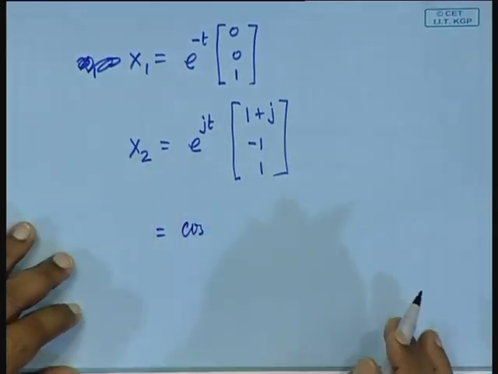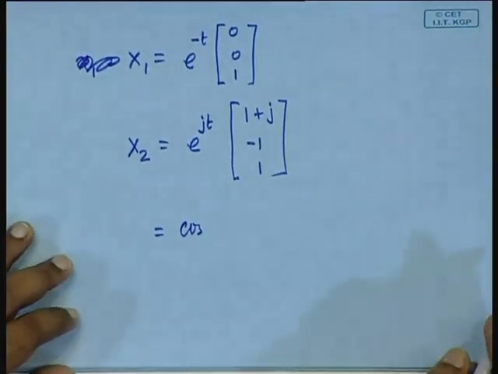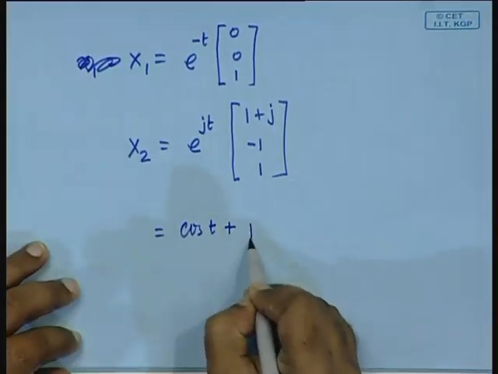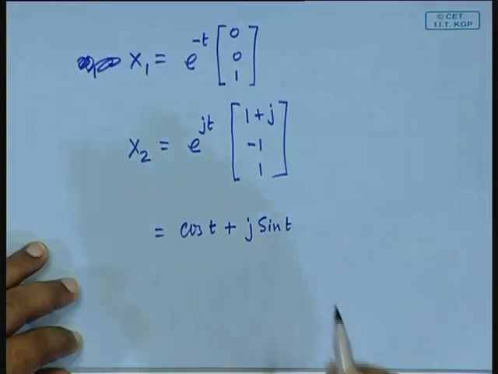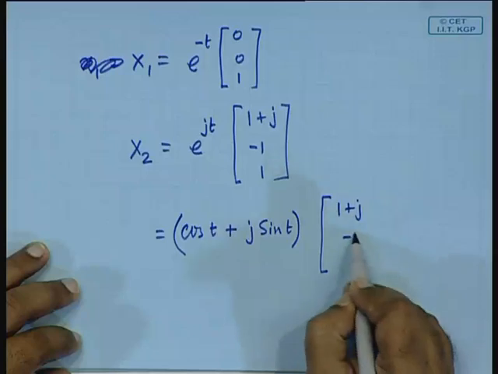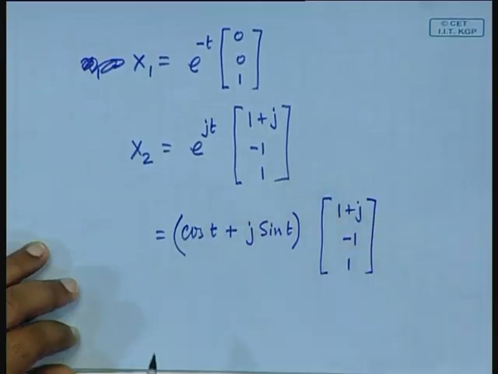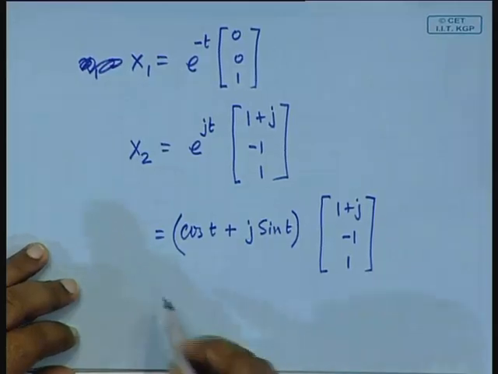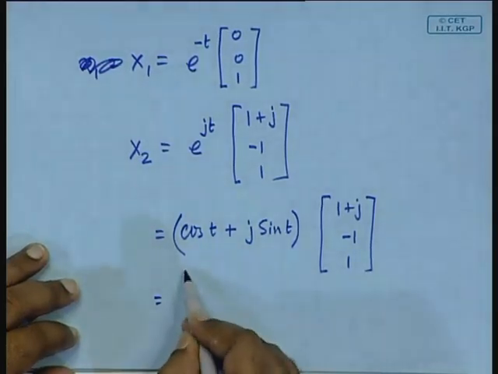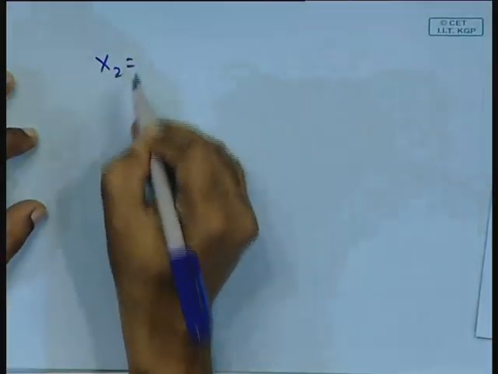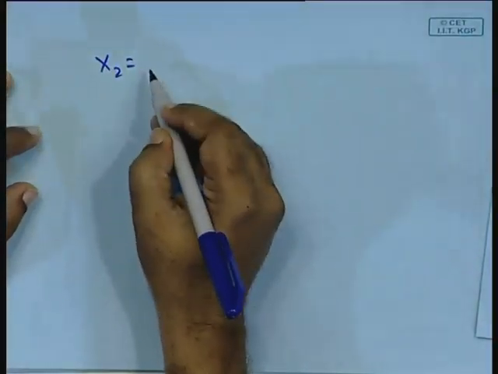Cos t plus j sin t, times 1 plus j minus 1 1. This yields cos t. I'll write separately, X2 is equal to, there are two parts.